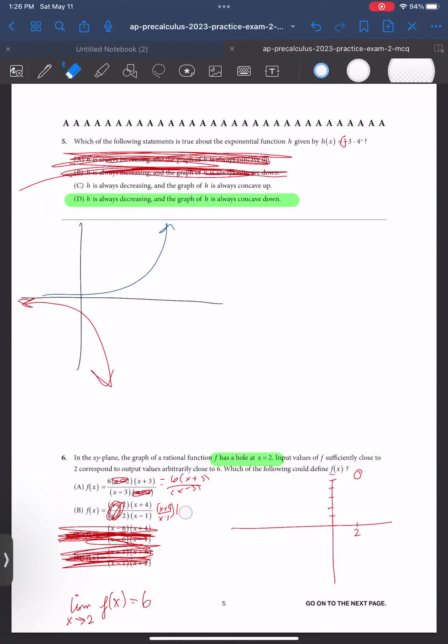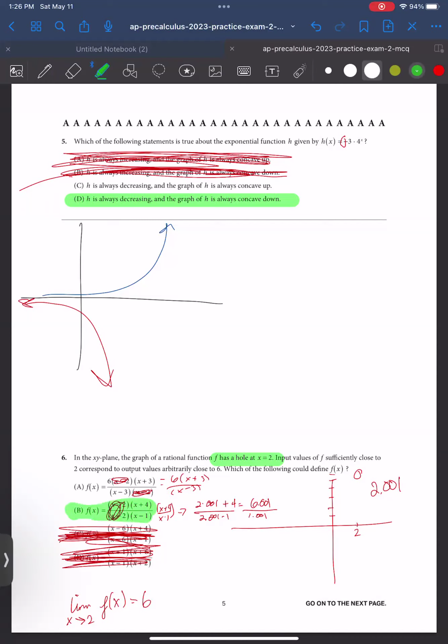I think what would work better, just because this is the no calculator section, is 2.001. So what is 2.001 plus 4? It's 6.001, over 2.001 minus 1, which is 1.001. So is that not getting very, very close to 6? Yes, it is. So my final answer is B.